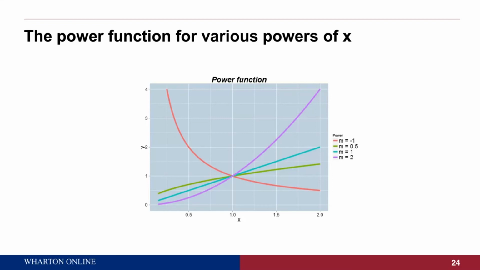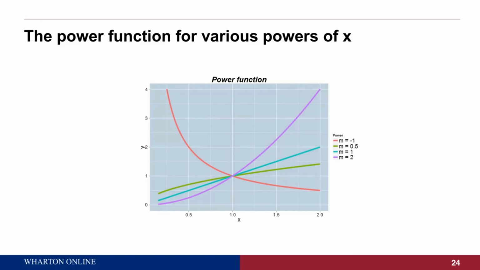You can see m equal to 1/2 on here. That's the green curve on the picture. And that one is increasing, but it's increasing at a decreasing rate. And finally on here, I've shown you the graph with m equal to -1. That's the pinky colored one. And that shows a negative association.